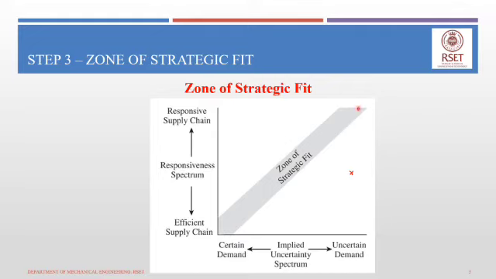So it can move vertically. At the same time, it can also move diagonally like this. So it can trade off implied uncertainty and responsiveness and move into a zone of strategic fit. So there are two steps in achieving strategic fit. That is what we will be talking about in the next slide.